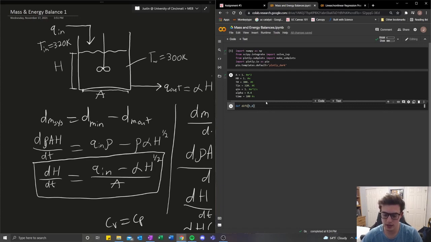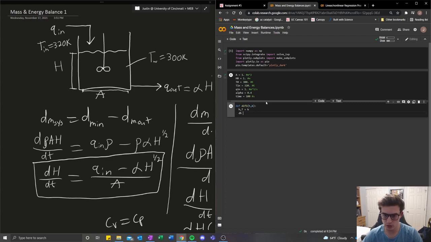What k is going to let us do is it is going to be an array. It is going to contain our height and our temperature and how that changes. So I'm going to set that equal to k. And so now what we need to do is set in our equations.